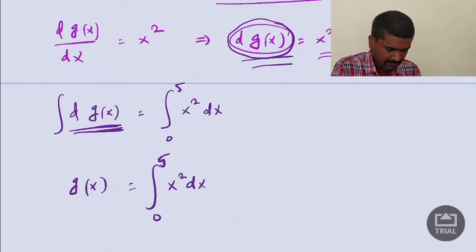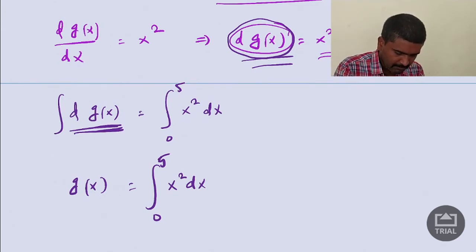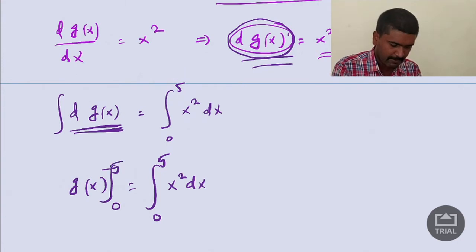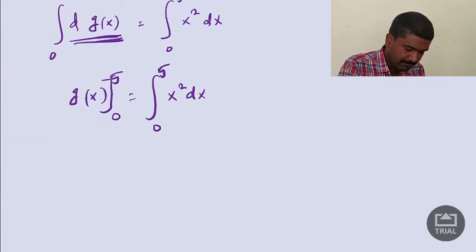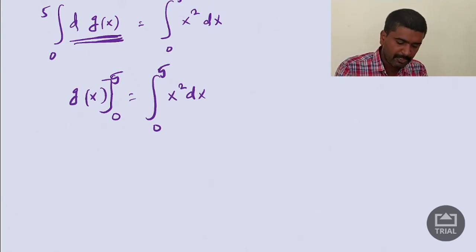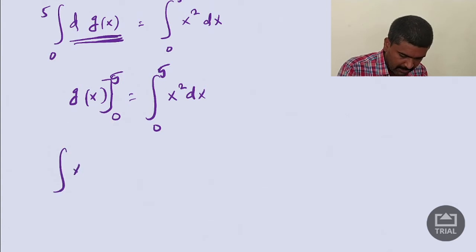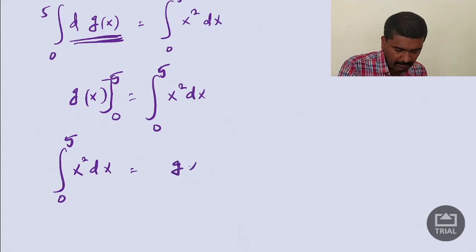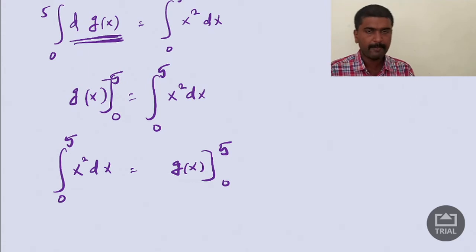Now see what g of x is here. Integral x square dx from 0 to 5 equals g of x, with the boundary conditions from 0 to 5.